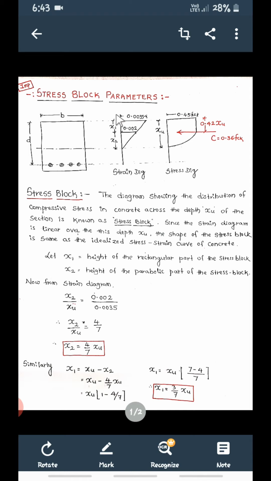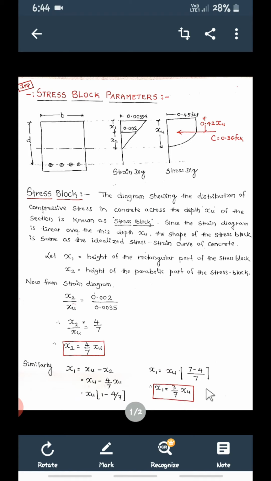Similarly, now I can find x1. The total is xu, so xu minus x2 gives the height of the rectangle part, x1. xu minus x2, with x2 as 4 by 7 xu, therefore x1 is 3 by 7 xu.